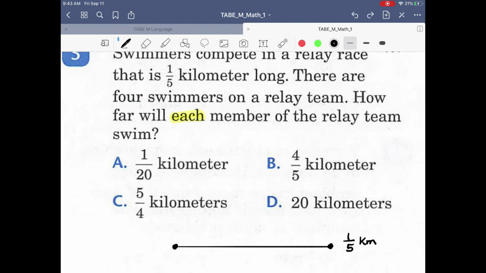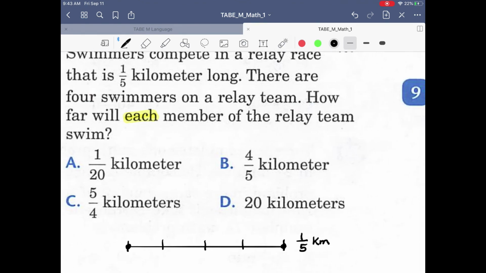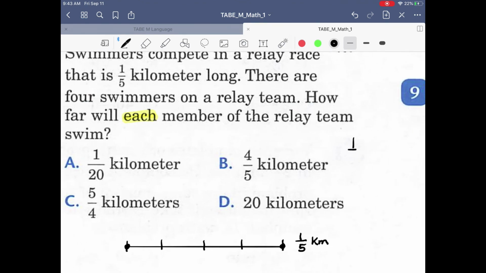Let me do a little better job here. So each person on the relay team is going to do an equal amount of the work. We're dividing the 1/5 by 4. So let's see what we get when we do that.